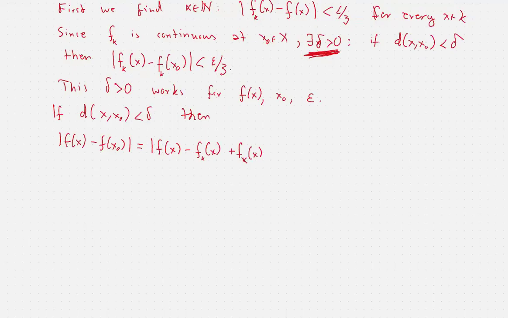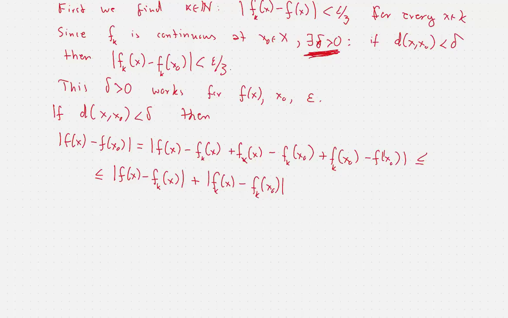So we added and subtracted f sub k of x and f sub k of x naught. And now by the triangle inequality, this is less than or equal to f of x minus f sub k of x plus f sub k of x minus f sub k at x naught plus f sub k at x naught minus f at x naught.